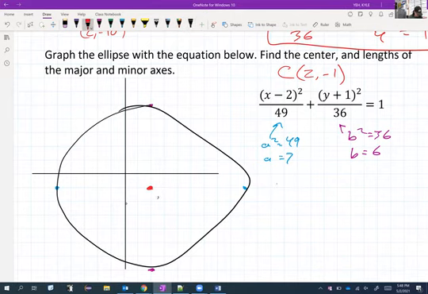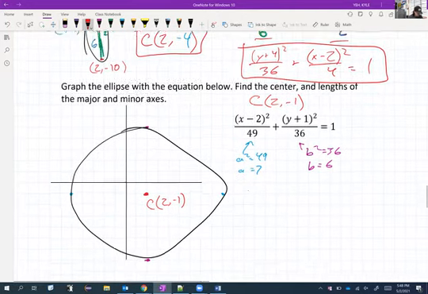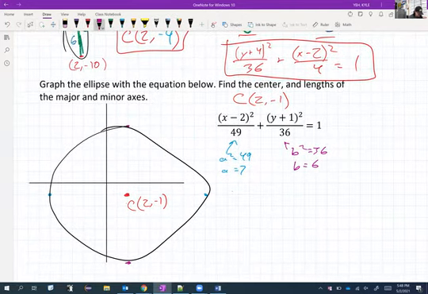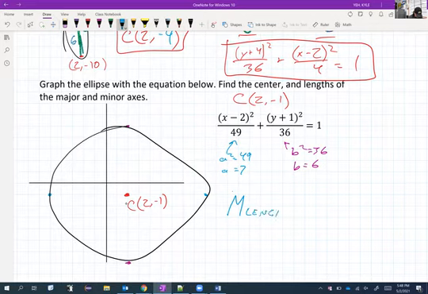So center is, what did we say? 2, -1. And then we're asked for the length of the major and minor axes. So the major length, and how I'm going to abbreviate that, is just a capital M length. We went 7 this way, 7 that way.